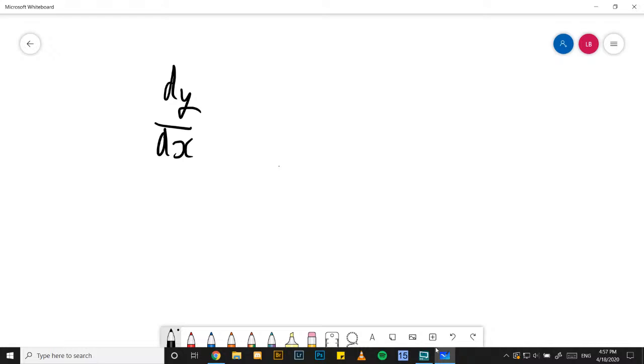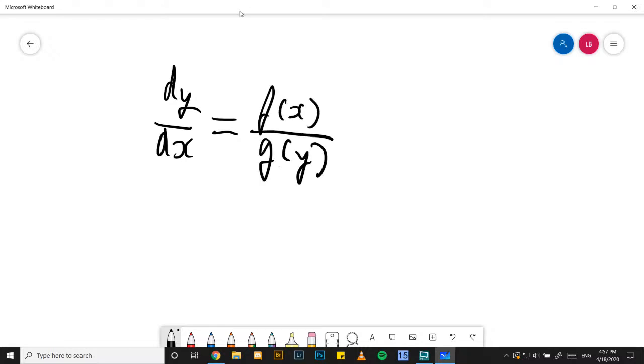So you have dy dx equal to f of x over g of y. Basically what this says is that the derivative of y with respect to x is equal to some function of x over some function of y.